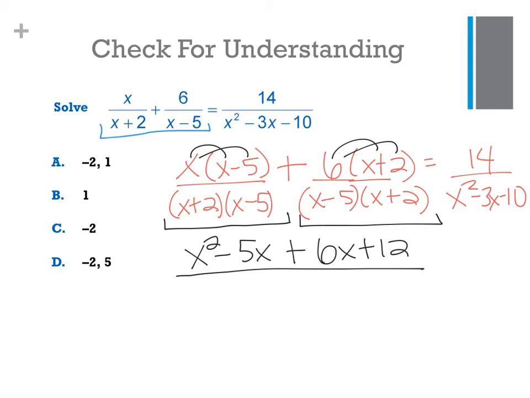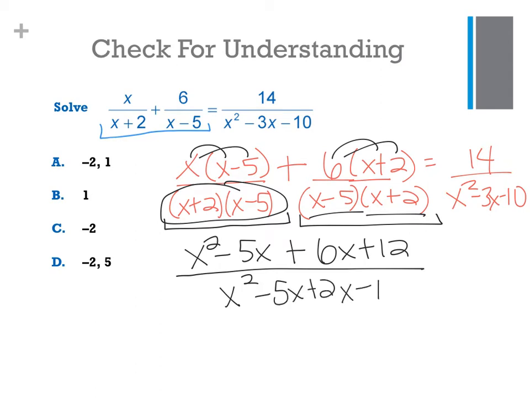I just switched around the factors, and multiplication is commutative. So if we multiply x plus 2 times x minus 5, it is the same as x minus 5 times x plus 2. So if I FOIL out this binomial, I'm going to say x squared minus 5x plus 2x minus 10 equals 14 over x squared minus 3x minus 10.